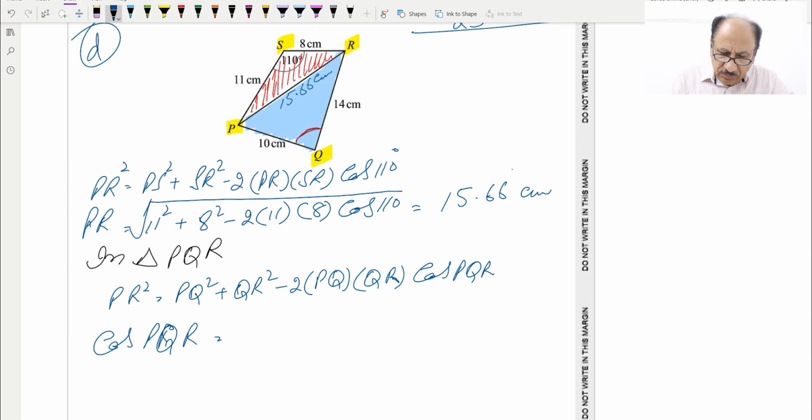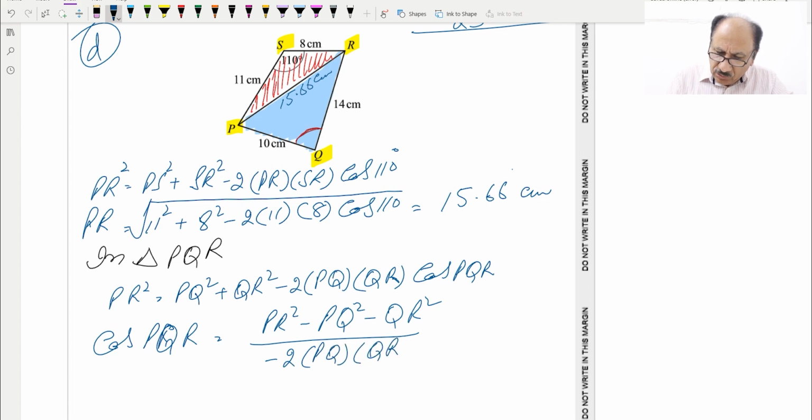Cos of PQR will be equal to PR square minus PQ square minus QR square. I'm just shuffling, divided by 2 into PQ into QR, and we can replace values. PR is 15.66, so 15.66 square minus PQ is 10, so 10 square, and minus the other side is 14, so 14 square, divided by minus 2 into PQ is 10, and the other side is 14.